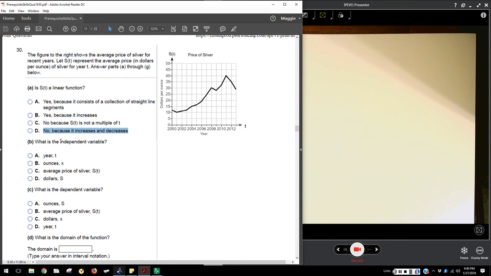What is the independent variable? Remember, that's your domain variable. Your domain variable here is t, so it is the year t. It's functioning as the x. Nowhere in here was x being used as a variable, nor was it an ounce.